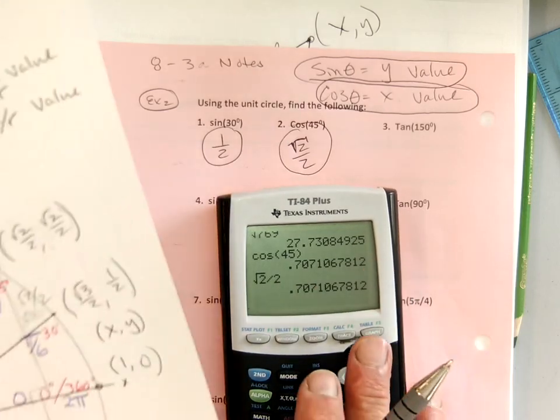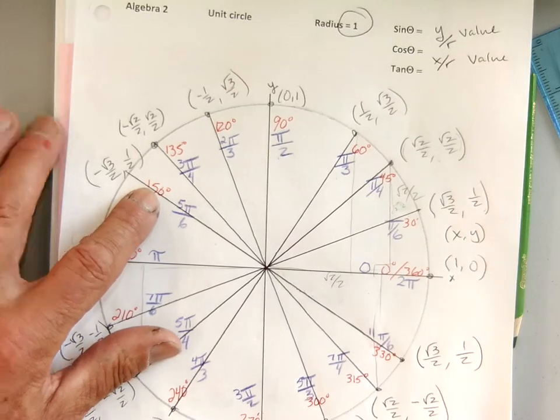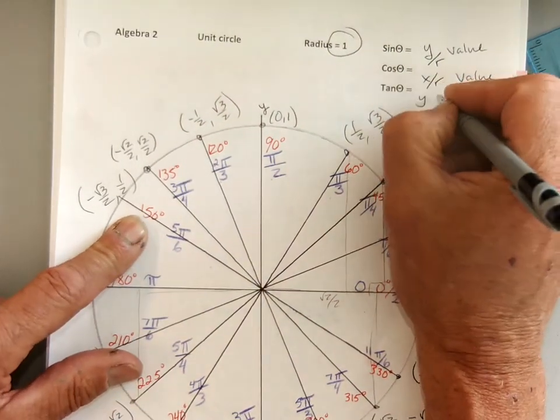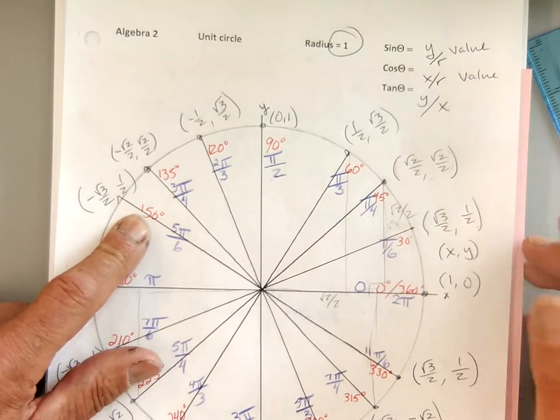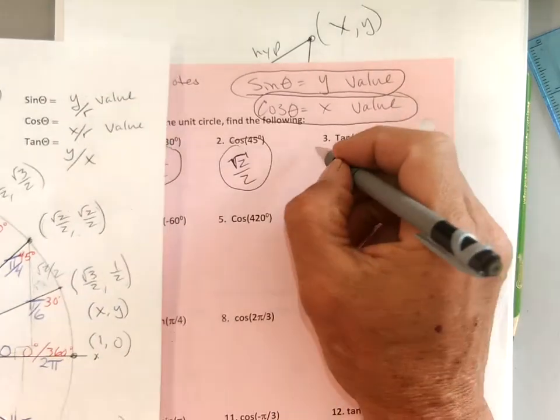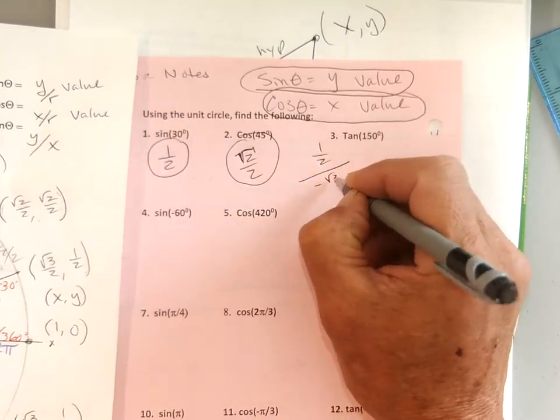Now, tangent of 150 degrees. Tangent is my y over my x. So it's going to be my 1/2 divided by negative square root of 3 over 2.